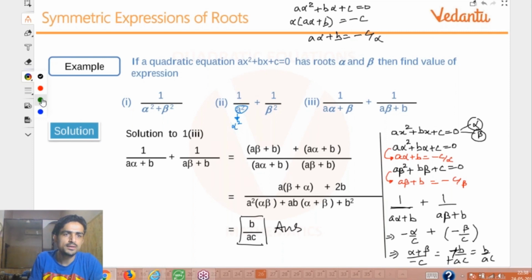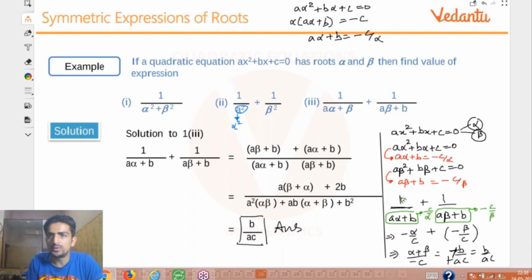Now I kept it here. This is minus c by alpha and this is minus c by beta.